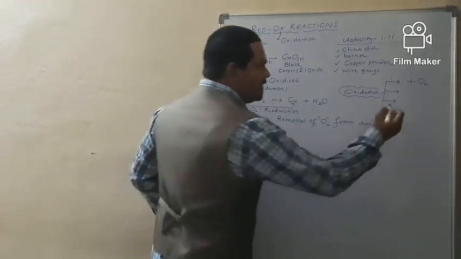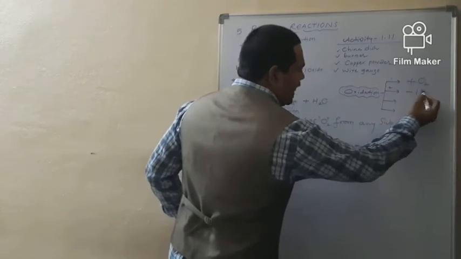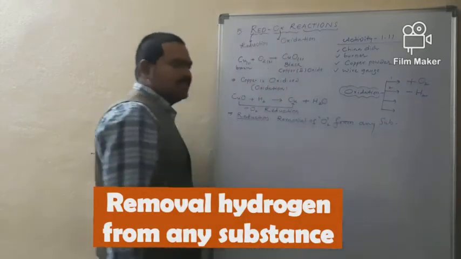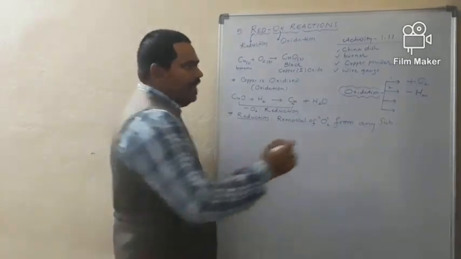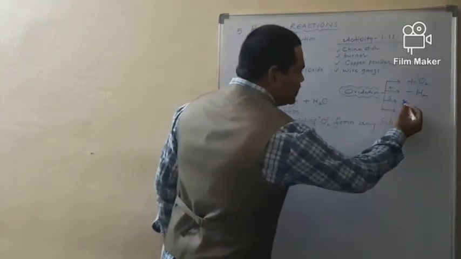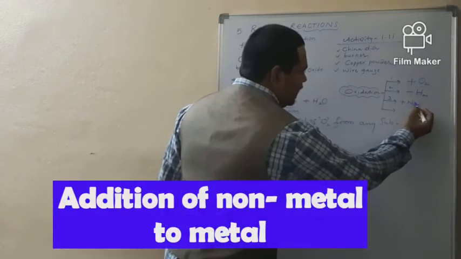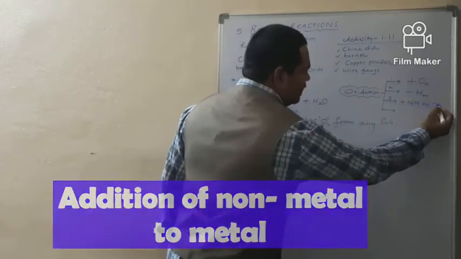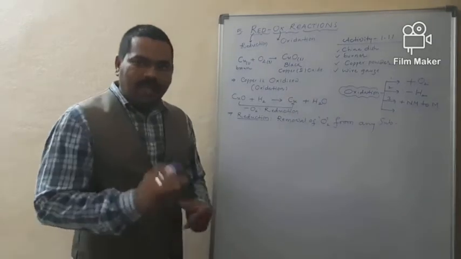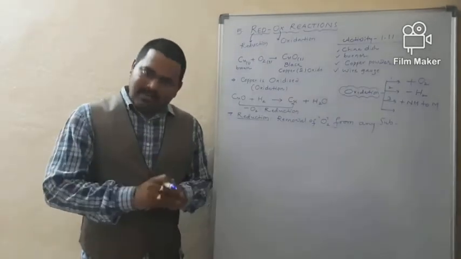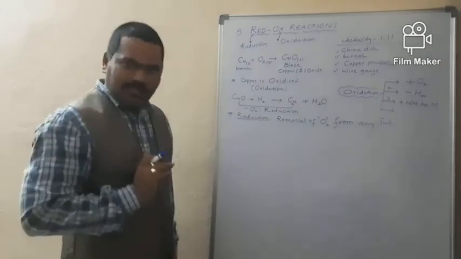And the second definition, removal of hydrogen from any substance is also called oxidation. And now third one, addition of non-metal to metal is also called oxidation. So if you add any non-metal to metal, that is also called oxidation process.